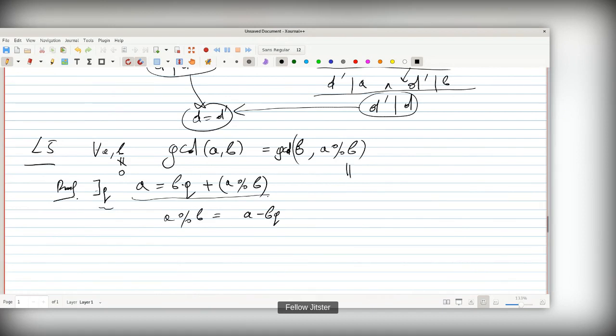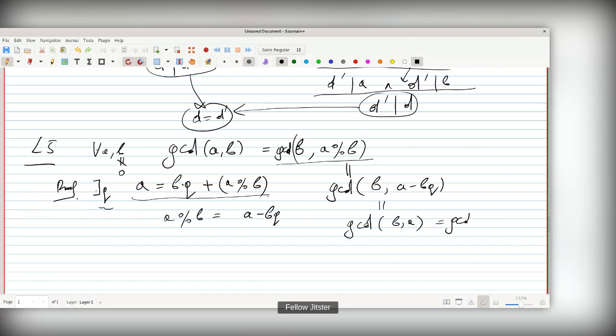So the greatest common divisor of b and this remainder is the greatest common divisor of b and a minus bq, which equals the greatest common divisor of b and a, or a and b.